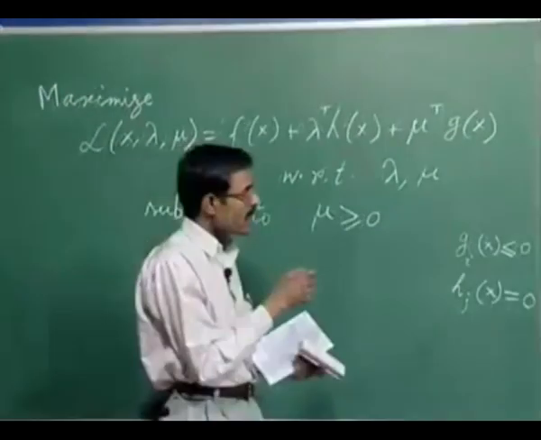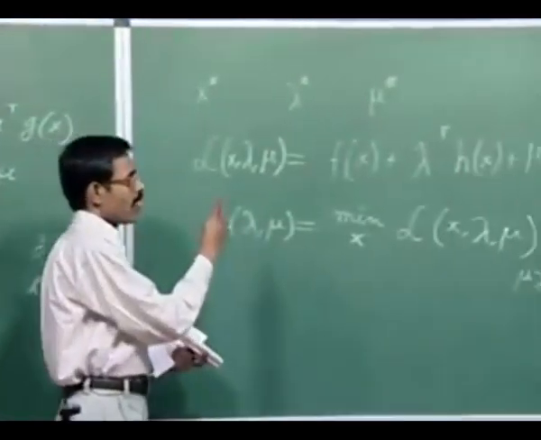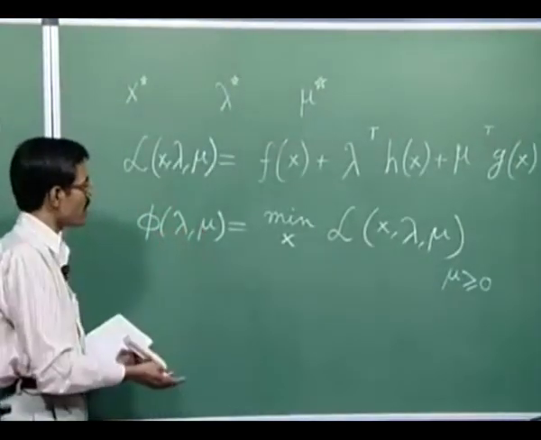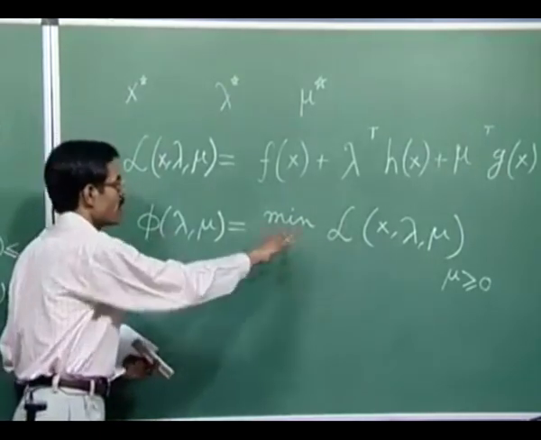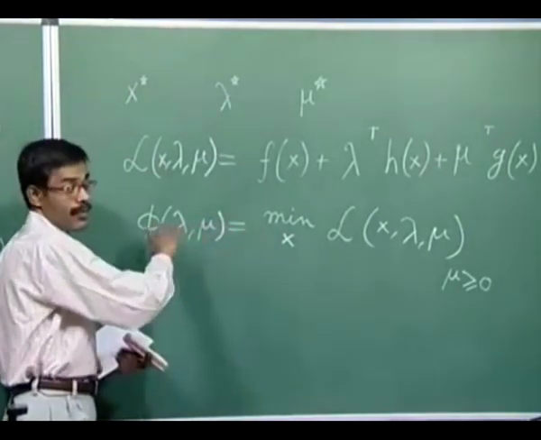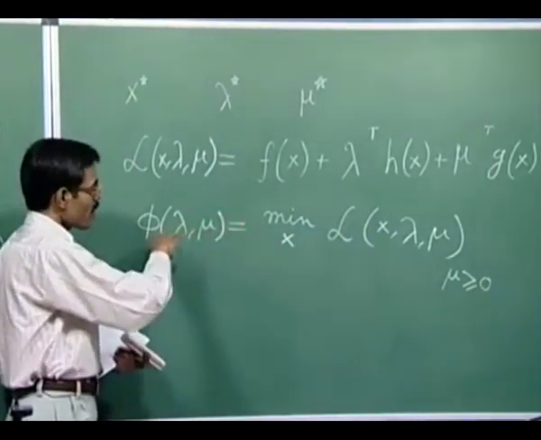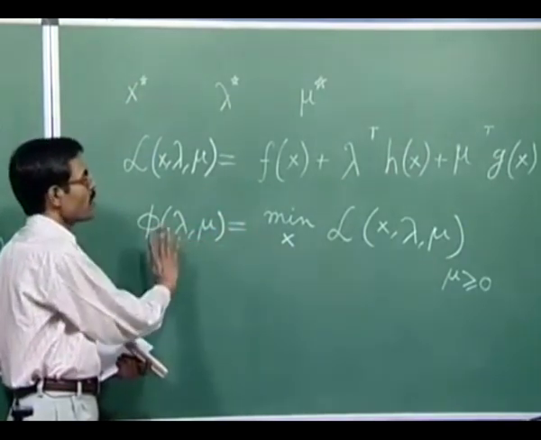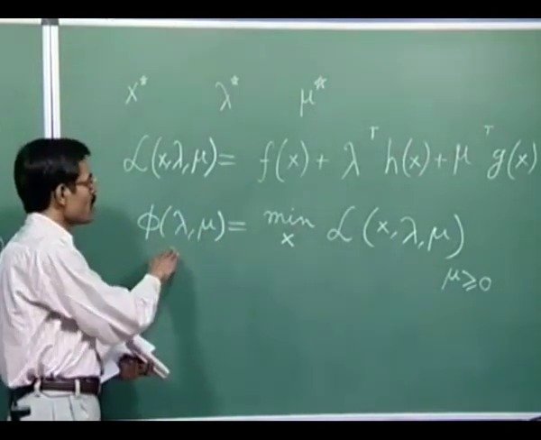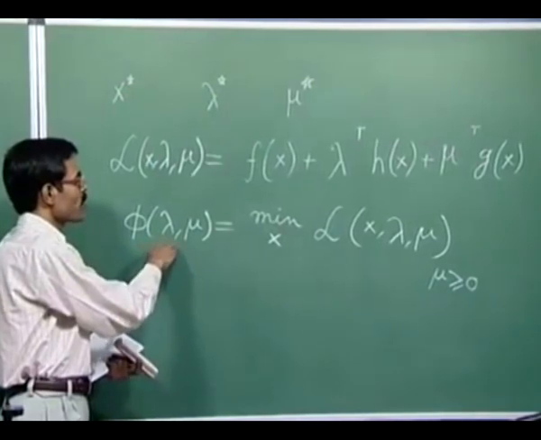Now, if you consider lambda and mu as variables, and then you define this function of the Lagrange multipliers, and then say this is a dual function, we try to maximize this dual function with respect to lambda mu.